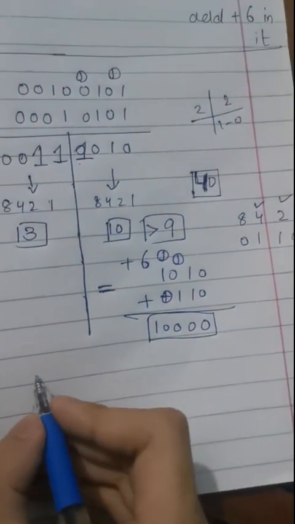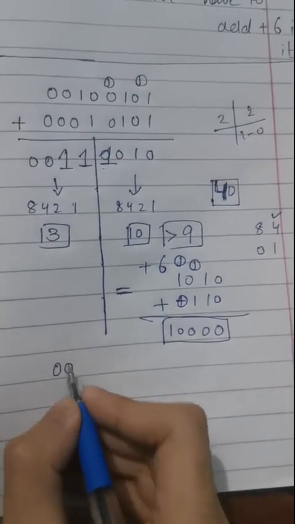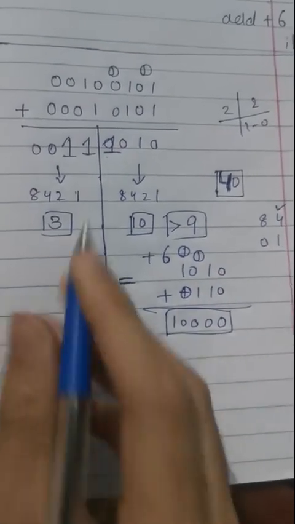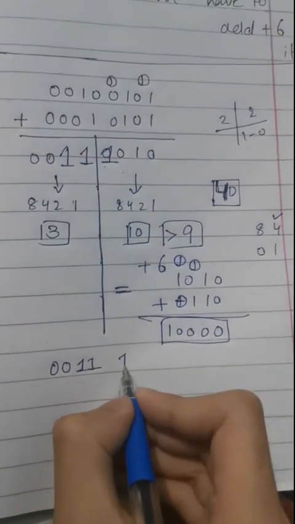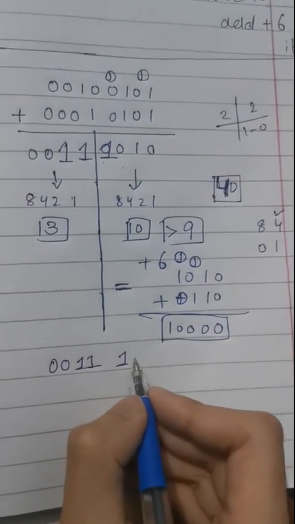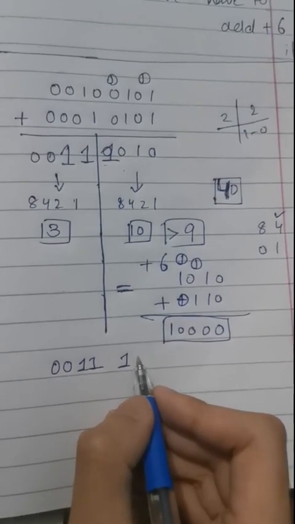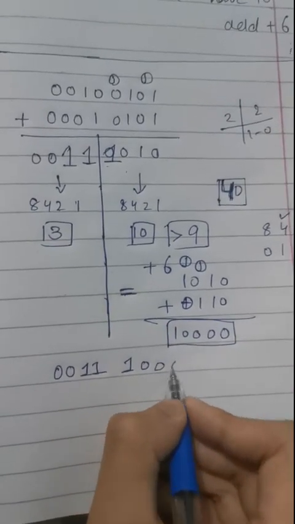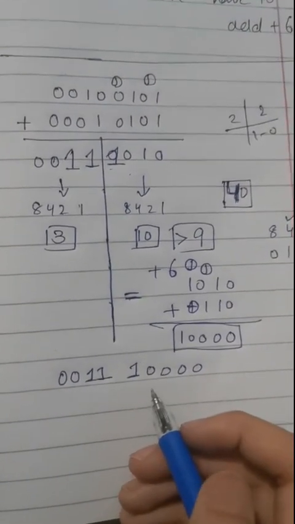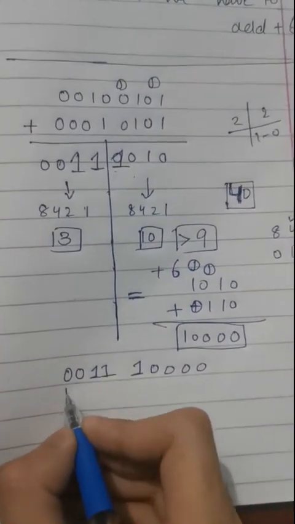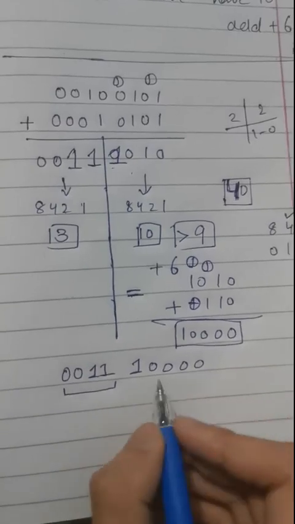So the final code is, let me write here, 0011 for 3, this one here, and the code that is transformed now is 1 0000. You know that we need 4 bits here and 4 bits here as well.